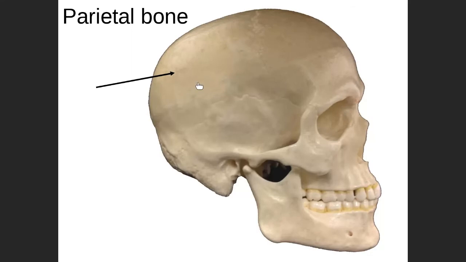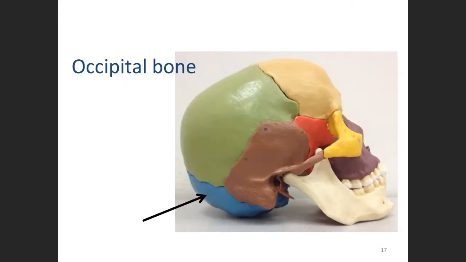We're now going to move to another cranial bone that sits on the back of your head, and that's called the occipital bone. On this model, it's colored blue. You can see quite a bit of it is on the back, the posterior portion, but also on the inferior portion. It dips down in here. The occipital bone makes up a considerable portion of the base of the cranium, or the floor of the cranium.